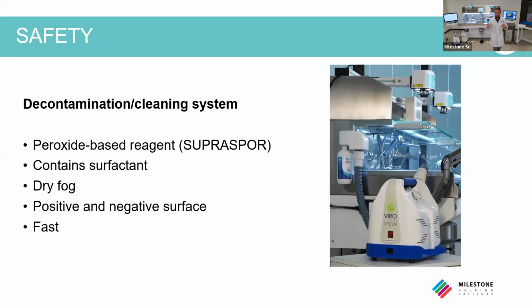It spreads a dry fog all around, all over the surfaces which are positive and negative. By the way, this system works with Supraspor, which is a reagent, a peroxide-based reagent containing surfactants. This allows the operator to decontaminate and also clean the surfaces.